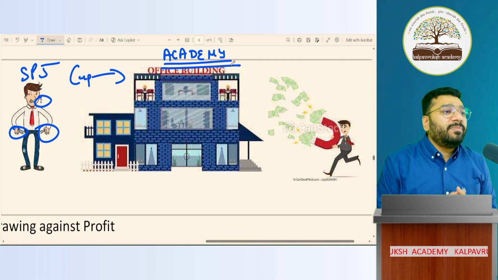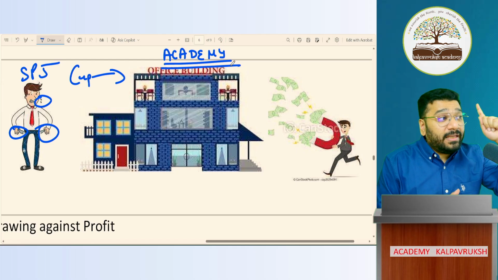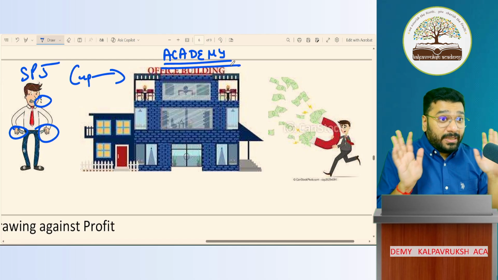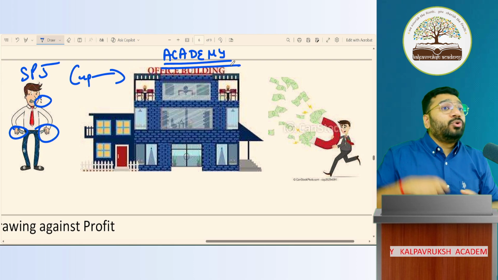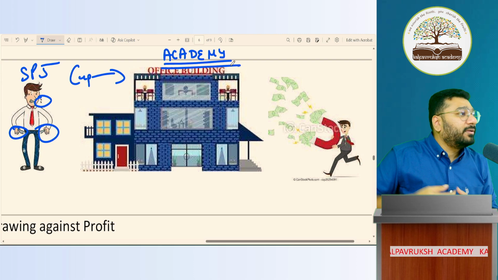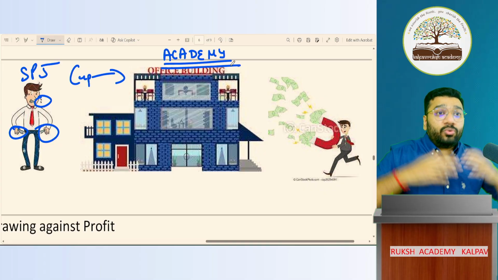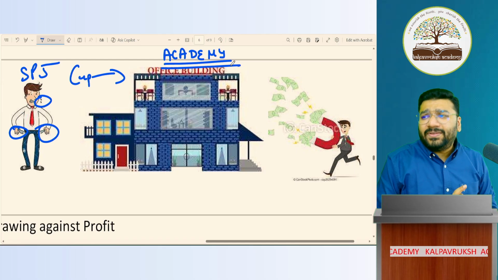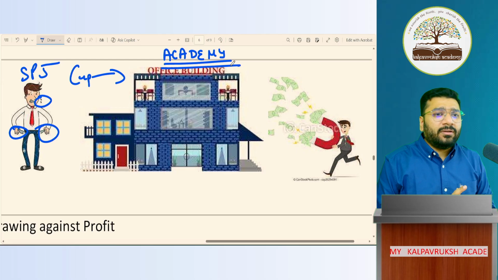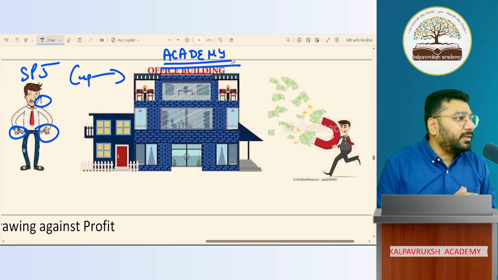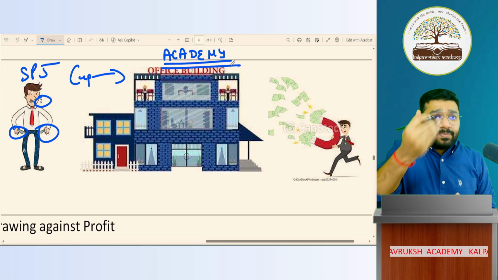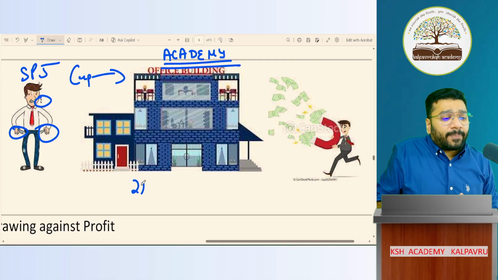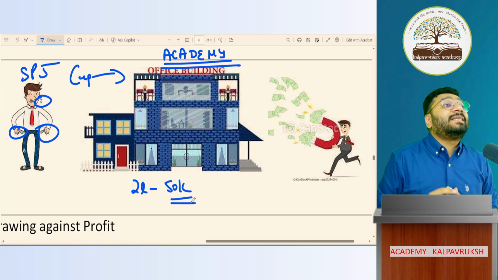For the initial 3 years of your business, never withdraw a single penny. No profits should be withdrawn. You have to keep reinvesting your profits to grow your business. But if there is any emergency, if money has to be withdrawn, yes, a little amount you can withdraw. Nothing wrong in it.